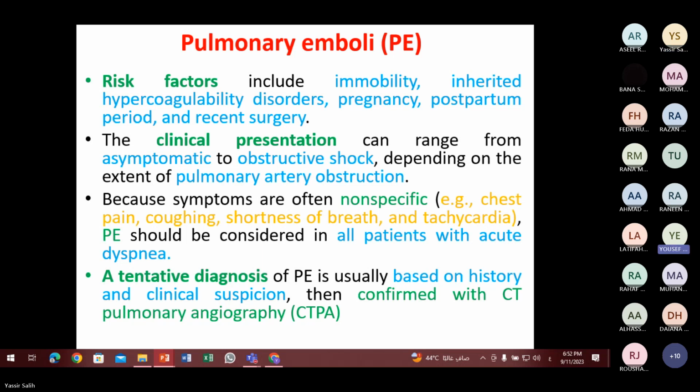Sedentary lifestyle, bedridden. Yes. What else? The patient may be immobile for any cause, or after surgery, or pregnant ladies and in the postpartum period. All of them can develop DVT. Okay, how to diagnose DVT?